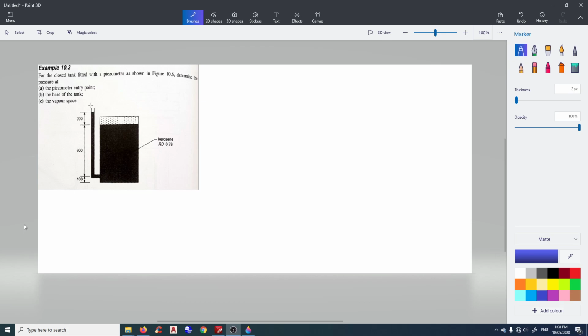Now question A, at the piezometer entry, so at this point. So that is the question A, pressure at piezometer entry.